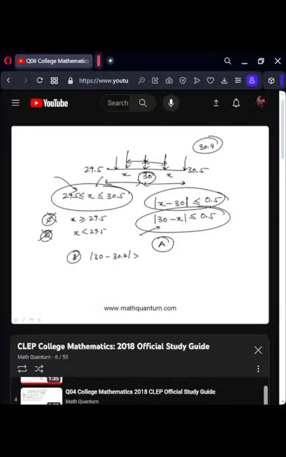Is that greater than 0.5? This is the absolute value of minus 0.4, which is 0.4, not greater than 0.5, so that's how you'd eliminate B, and then you would narrow it down to A. So to recap, the answer is A.